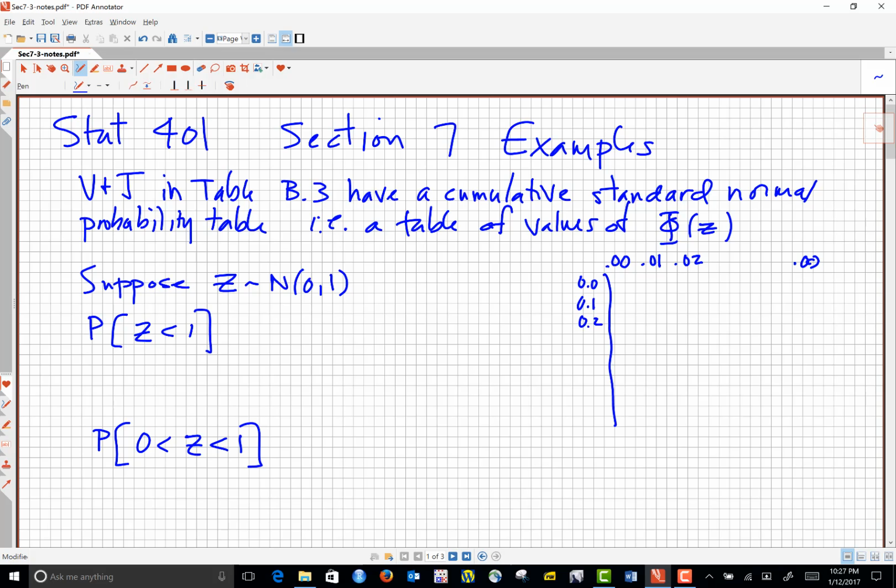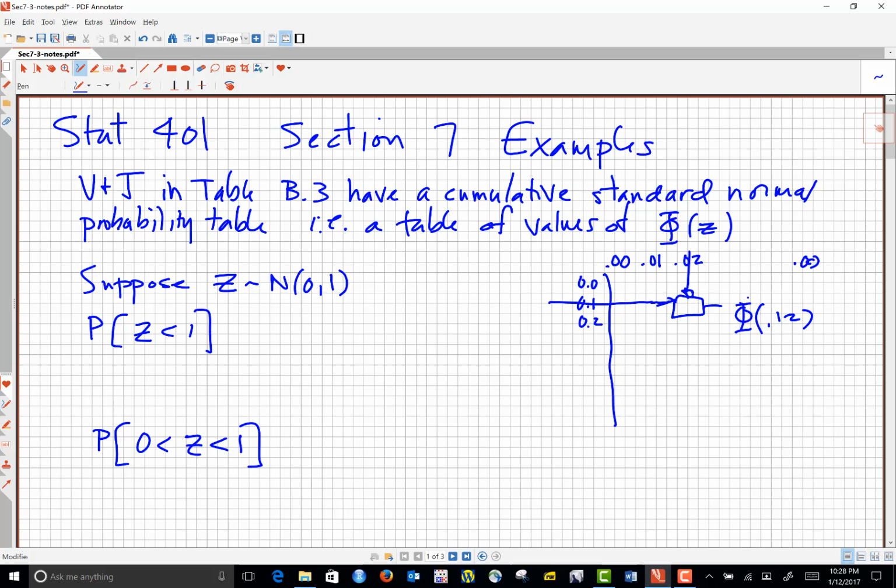For example, in this row and this column in the table is capital Phi of 0.12. That is, there's a cumulative probability there for z less than or equal to 0.12.